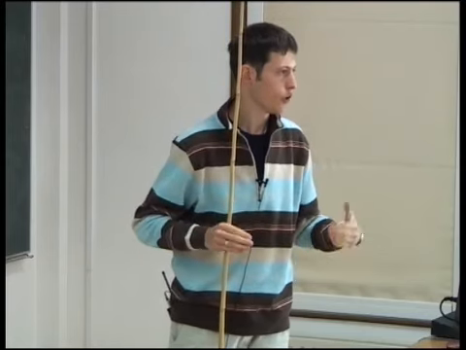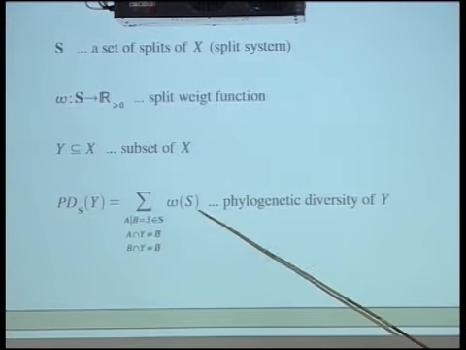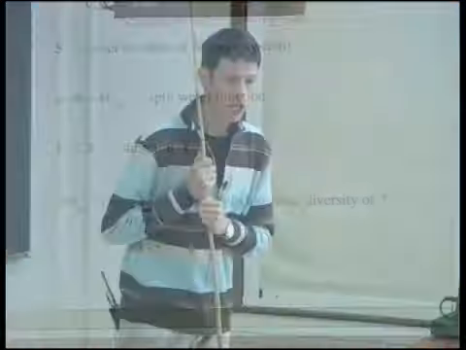This is the way you can do it. You just sum up the weights of all those splits which separate at least two taxa in your subset. This is more or less the formalization of what we've seen on the previous slide with respect to this particular network. Now we have defined what the phylogenetic diversity of a subset with respect to a split system is.